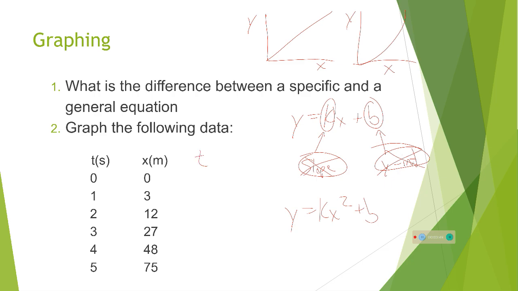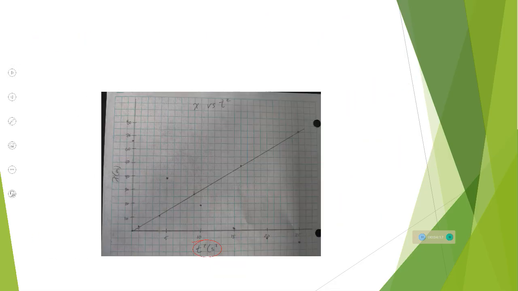You would make another column of data called t squared, which would have different units like s squared, and then you literally do what it says. 0 squared is 0, 1 squared is 1, 2 squared is 4, 3 squared is 9, 4 squared is 16, and 5 squared is 25. This is graphed now compared to this in order to get this right here.